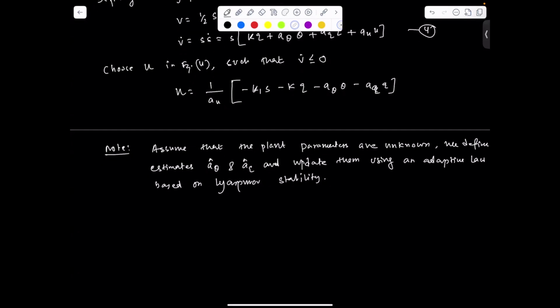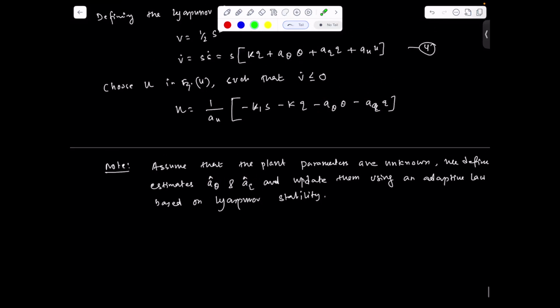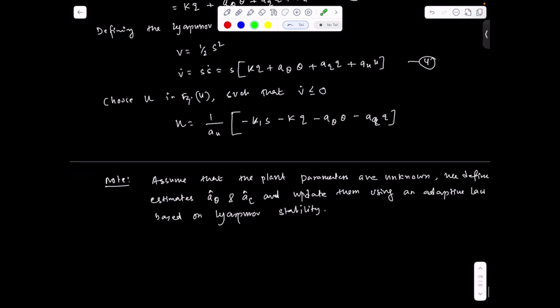Okay. For this, we first define the error between them. So we can say these are the actual and these are the estimates. So we'll find the error between these and take them in the Lyapunov function, and through the Lyapunov stability, we can find the adaptation laws which can be used to design the robust control.